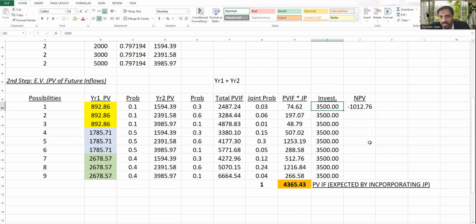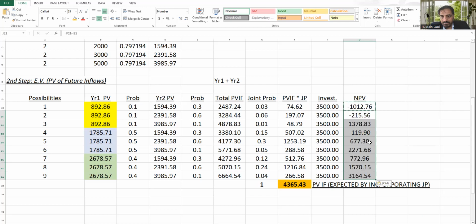Once again, this is total present value inflows. If total inflows is 2487 is lesser than the investment, so negative NPV. Control C, Control V. But not all the cases negative. Some are positives.